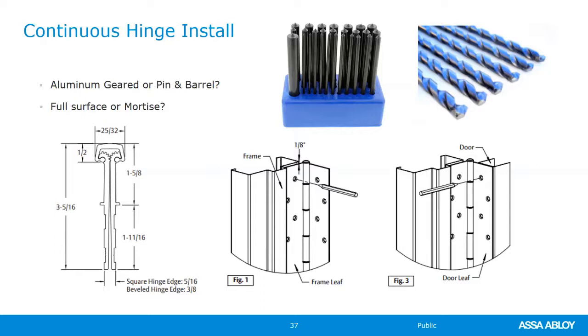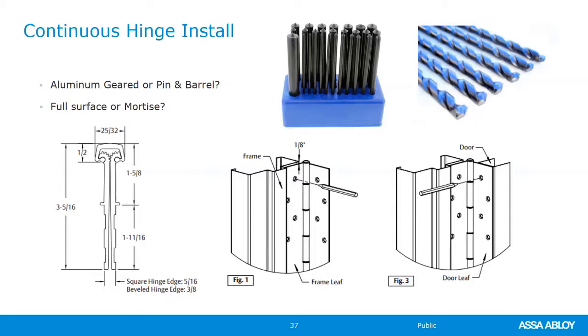Continuous hinge install can be really tricky if it's a full mortise hinge, and it really has to be done in 2 parts, where we have the door on sawhorses, or we have the door laying down. What we would do is, from the top edge of the door, we would line that hinge up against the top edge of the door.